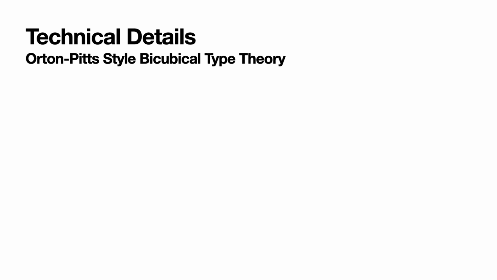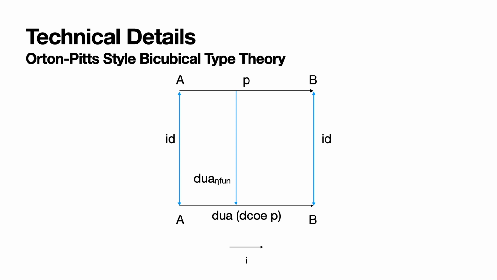And so, what happens? What we're trying to do is define a path between this morphism P and the morphism we get from the round trip using DUA and DCOE. And given it's a morphism in the covariant universe, we are defining a path in the covariant universe indexed by this directed interval variable I. And thus, given that we have univalence for the covariant universe, this is the same as defining an equivalence.